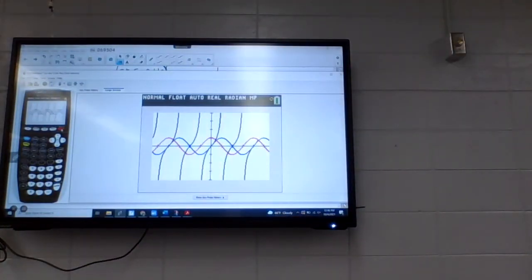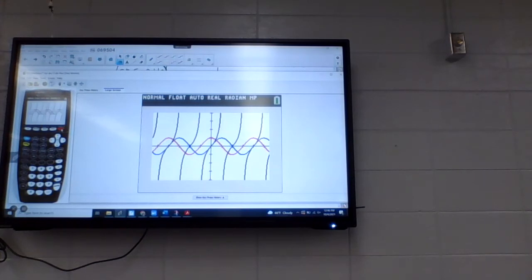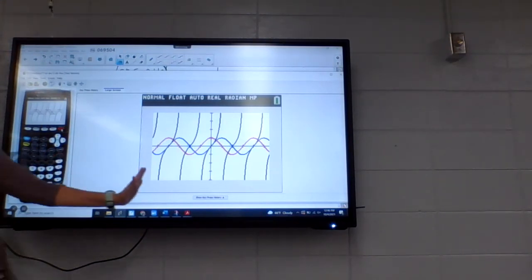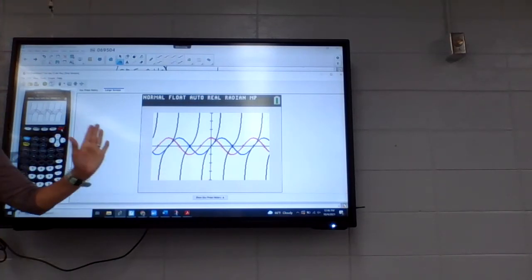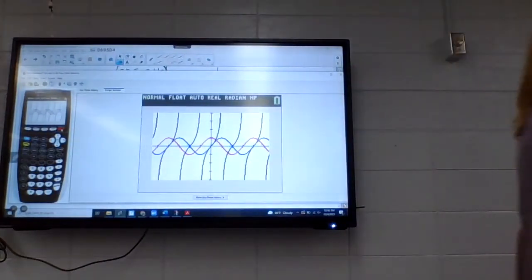Anytime it's undefined, the graph approaches that but never quite hits it. Some of you might have a line in between there because it draws the asymptote, just like it did if it was horizontal. If it has a line there, it just means it doesn't exist at that point.